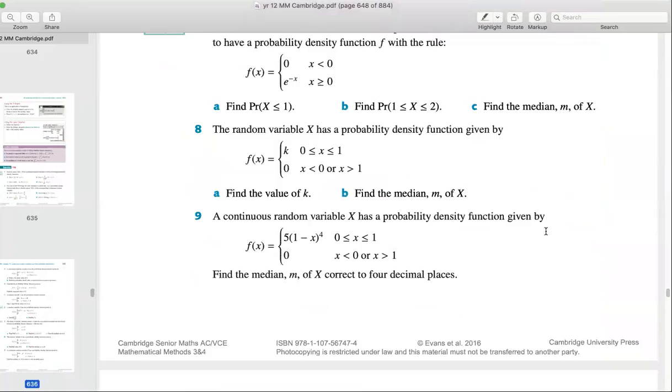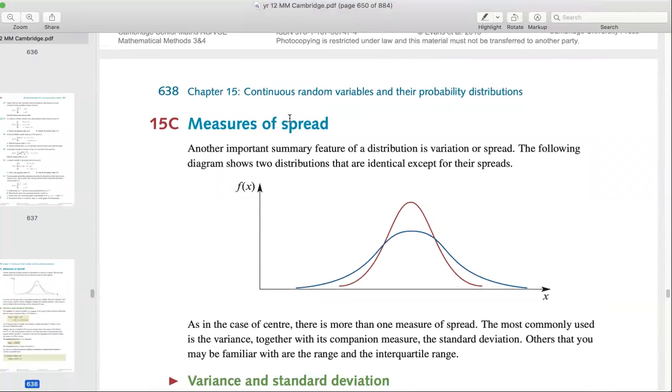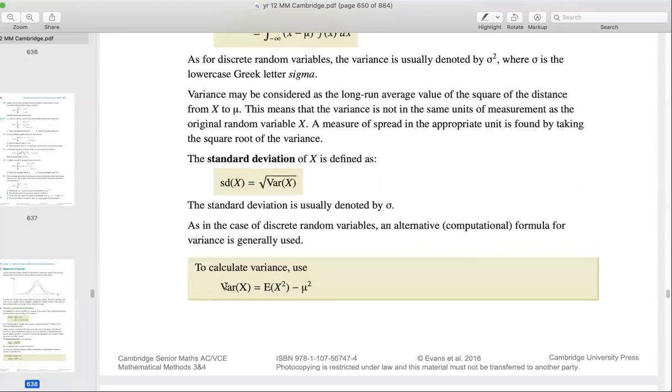And for 15c, the only takeaway message is that to measure the spread, you have to use variance or the standard deviation. The formula we use is exactly the same, so we use E(X squared) minus (E(X)) squared to get the variance. Okay, for standard deviation, just the square root of the variance.